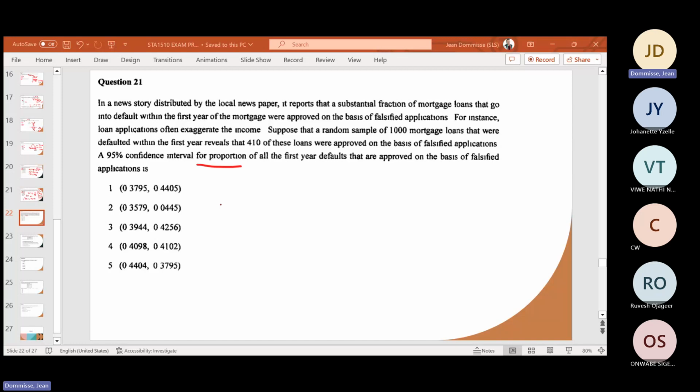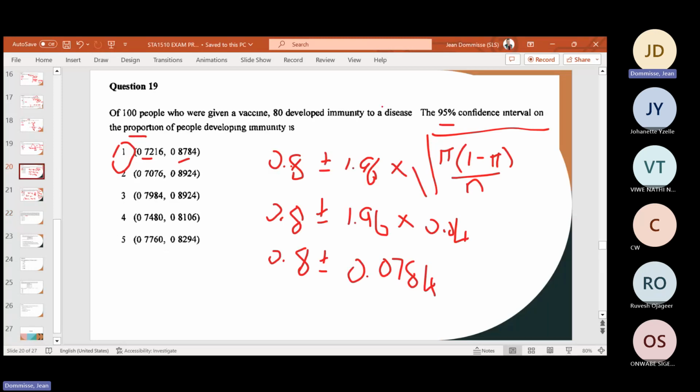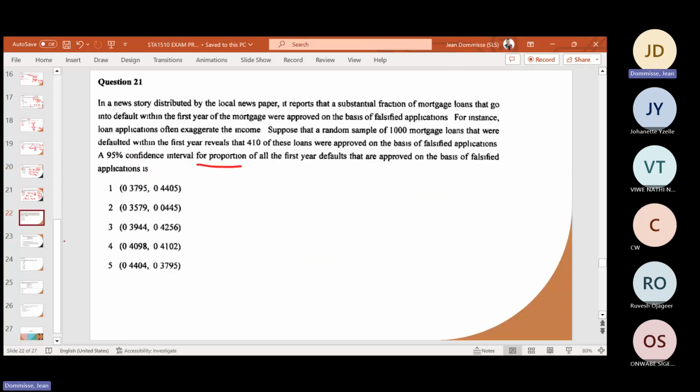Okay, so in this one, again, as in question 19, we will need to follow the same process. Look at proportion. There's a 95, so we know that the Z is 1.96.